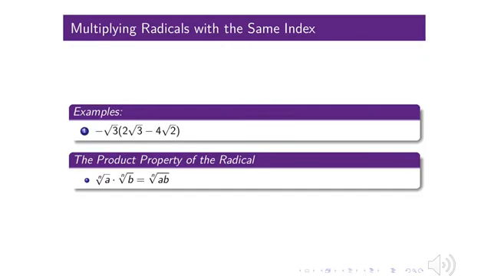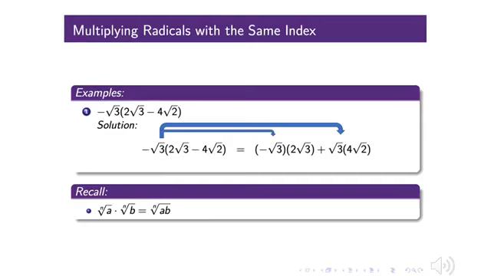Then we have our third example, negative square root of 3 times the quantity 2 square root of 3 minus 4 square root of 2. In order to simplify the given radical expression, we will be using the distributive property of real numbers and the product property of the radicals.